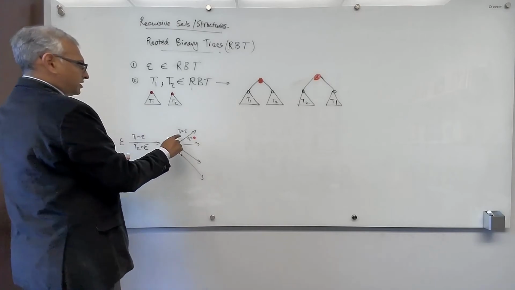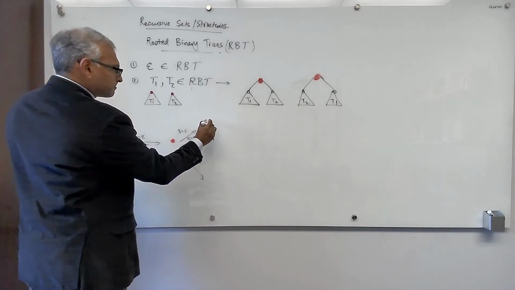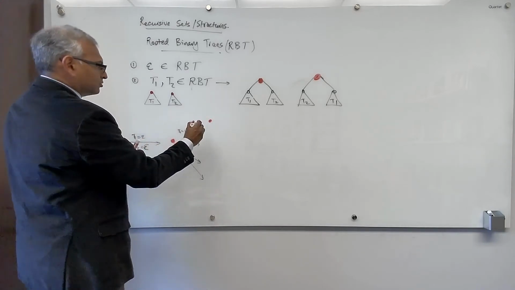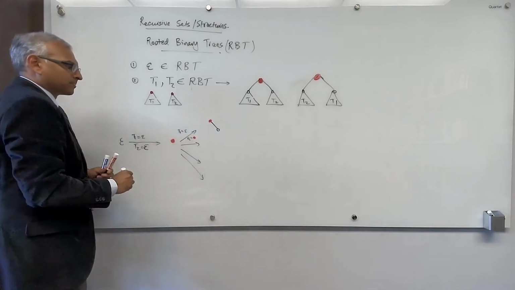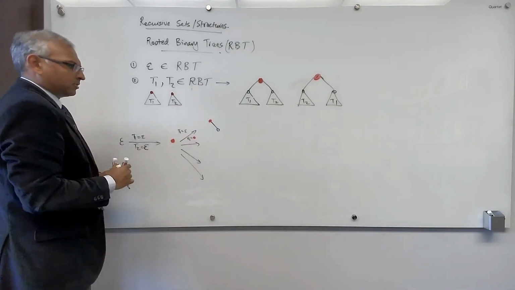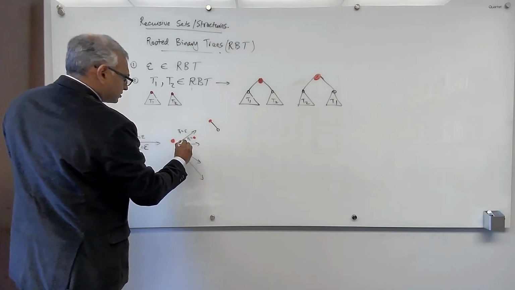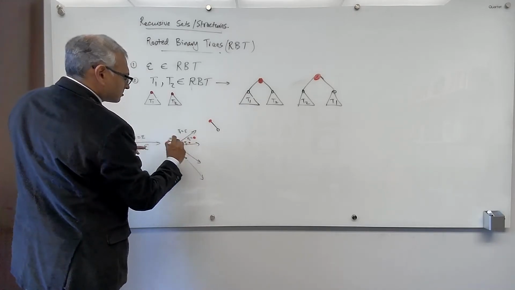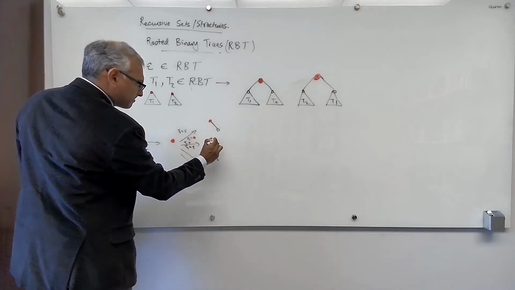I'm going to take T1 and T2 and connect them both up to a new root. So I get a new root with nothing here and a single node, which is T2. I can flip the roles of T1 and T2. So I can make T1 my single root and T2 epsilon. And now what do I get? I get this guy.